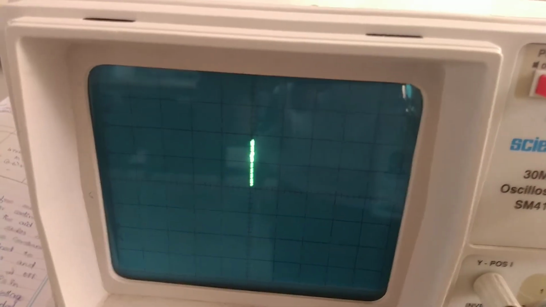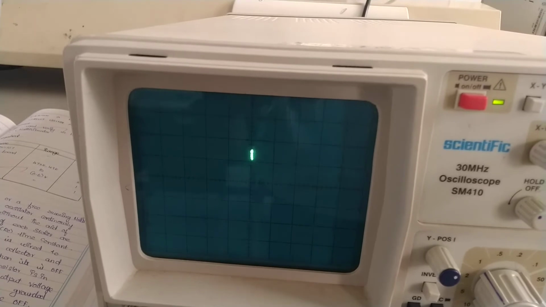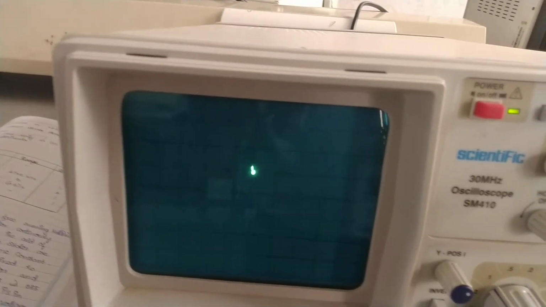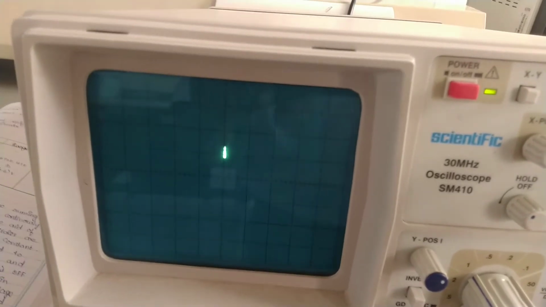The values keep on increasing as the response is obtained from the CRO. For the higher range of frequencies, the amplitude gets reduced.